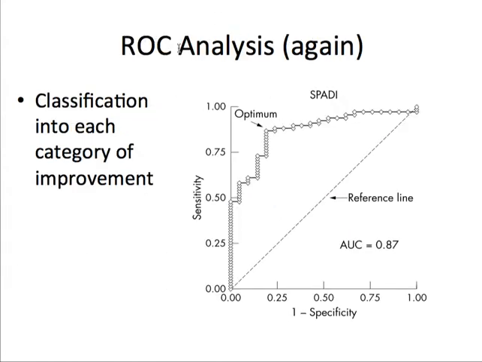Or we can use an ROC curve and then apply sensitivity and specificity to the data, and then determine what the optimum cutoff would be to minimize the number of false negatives and false positives, people who hadn't actually improved that we say did, and people who didn't get worse and actually did, right? So we're misclassifying people. And so essentially what this does is gives us an estimate of what the best MCID to use for that particular questionnaire would be.